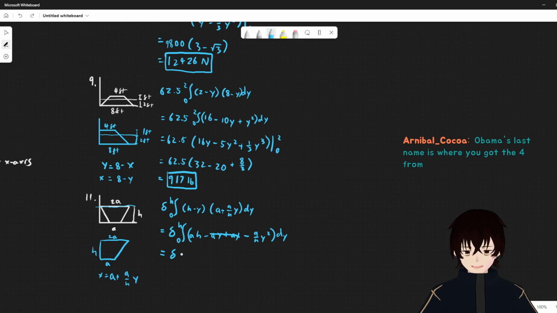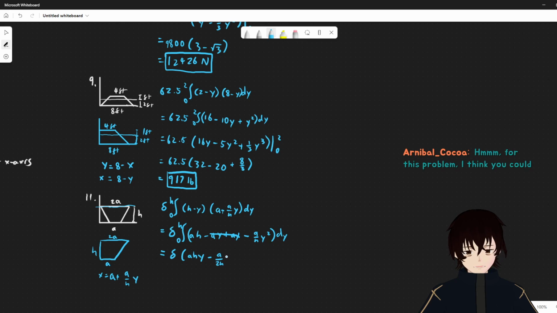Then we take that integral, we get AHY minus A over 3H times y to the power 3 from 0 to h, which is equal to the thing times... No, please stop cutting off.